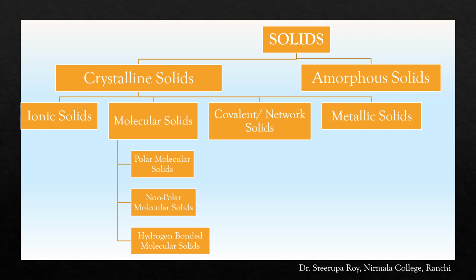Crystalline solids are further classified into four types: ionic solids, molecular solids, covalent or network solids, and metallic solids. Molecular solids are further classified into three types: polar molecular solids, non-polar molecular solids, and hydrogen bonded molecular solids.